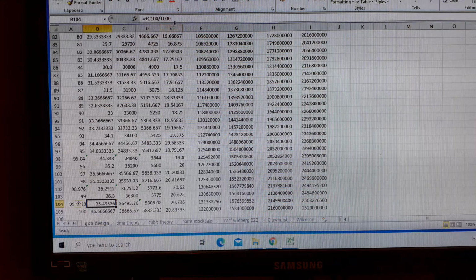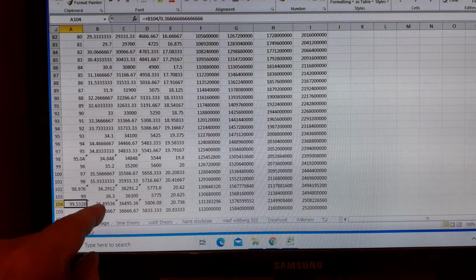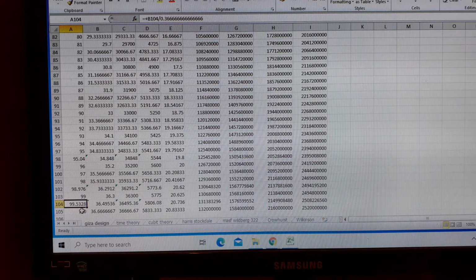Then I've divided by 1,000. And then to get this number here, 99.5328, I've had to divide by the barleycorn. So that number is 99.5328 barleycorns.